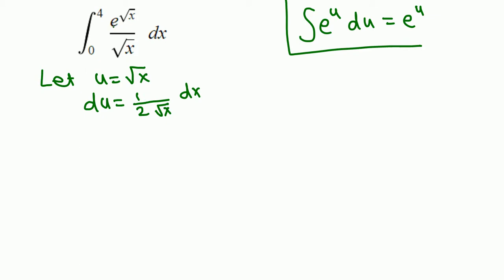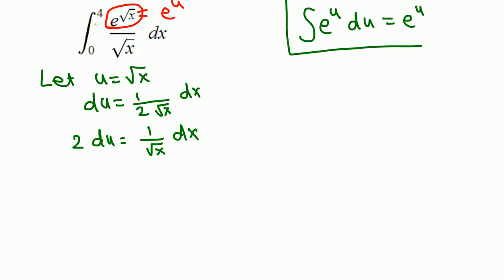So the top matches with e^u, and we have 1 over square root of x dx. Look, 1 over square root of x dx. These two, we can multiply both sides by 2. So 2 du will be 1 over square root of x dx. Then the top becomes e^u, and we have 1 over square root of x dx.